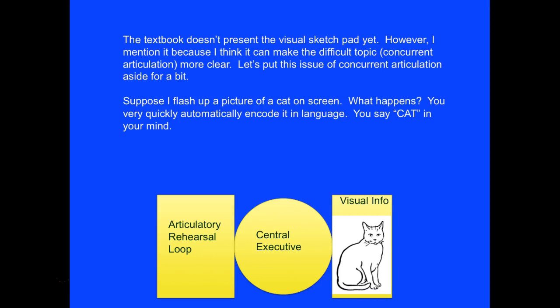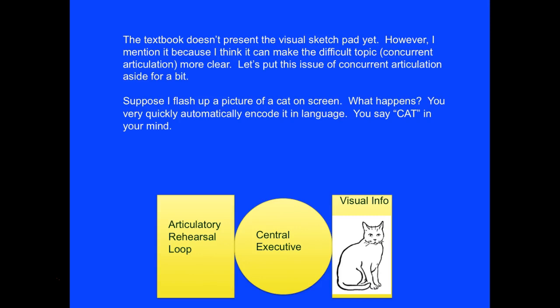You don't think entirely in visual pictures. Most people don't. That would be really difficult. Instead, what you do is code it into sound. I flash up the picture of cat, and you mentally say cat in your mind.